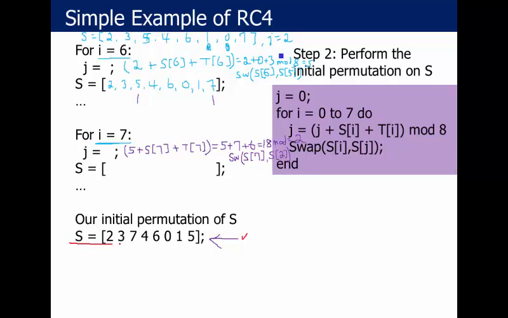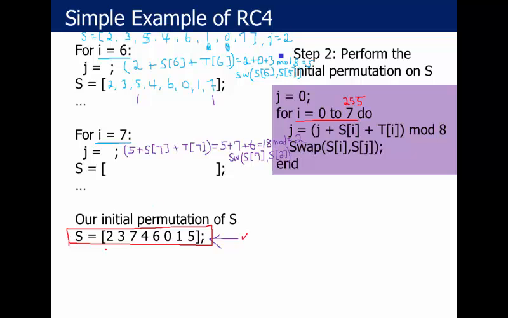So once we have S, how many iterations to get this S? We had 8 iterations, right? But the real original calculation for RC4 is 255. So you get this S by repeating the same steps for 256.